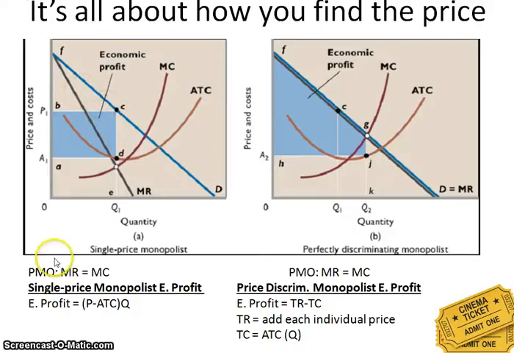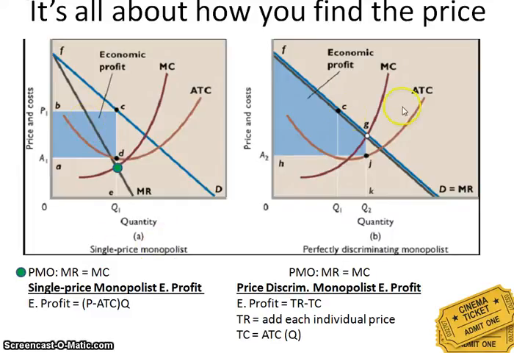To figure out the profit maximizing output, you use the formula MR equals MC. To figure out the price, you take it up to the demand curve, and that gives you the price they're charging. Economic profit is price minus ATC times quantity, and so this blue shaded area shows you the economic profit of a single price monopolist.